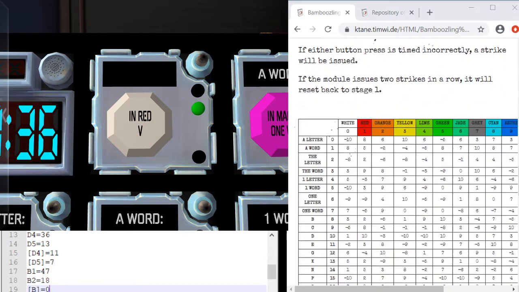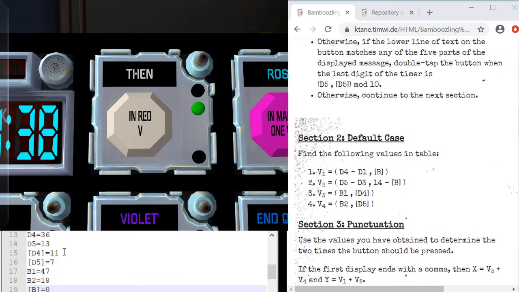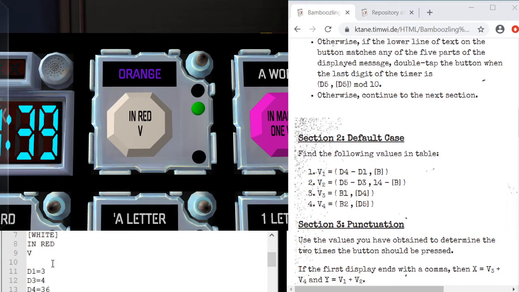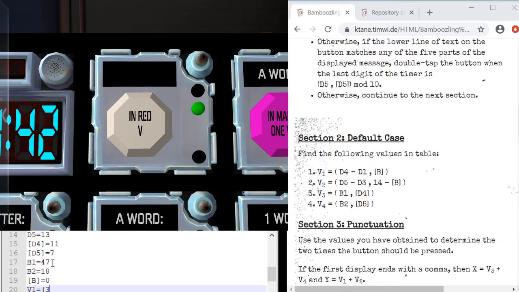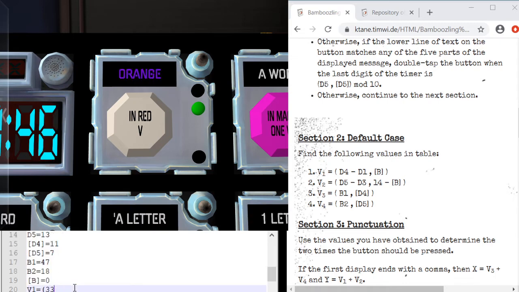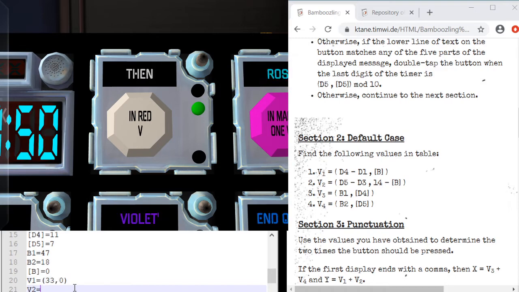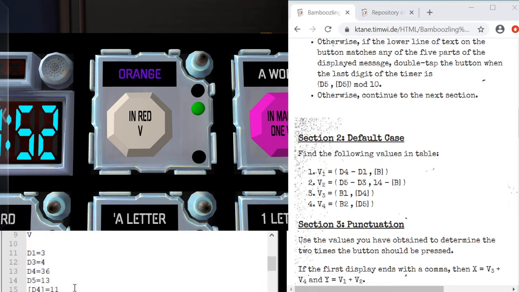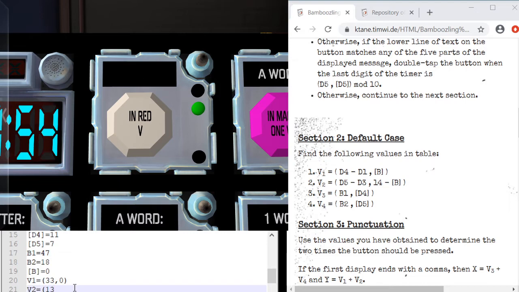So, let's find these coordinates where V1, again, is 36 minus 3, which is 33, comma, 0. V2 is D5, 13, minus D3, which is 4, results in 9, comma, 14 minus B, 14 minus 0 is 14.